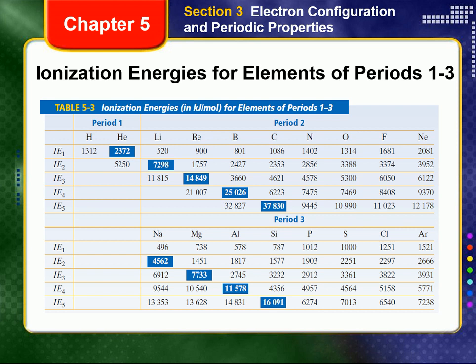Notice in Table 5-3 the large increases between the first and second ionization energies of lithium, Li, and between the second and third ionization energies of beryllium, Be. Even larger increases exist between the third and fourth ionization energies of boron, B, and between the fourth and fifth ionization energies of carbon, C. In each case, the jump in ionization energy occurs when an ion assumes a noble gas configuration.